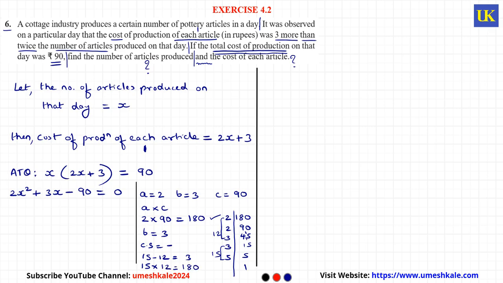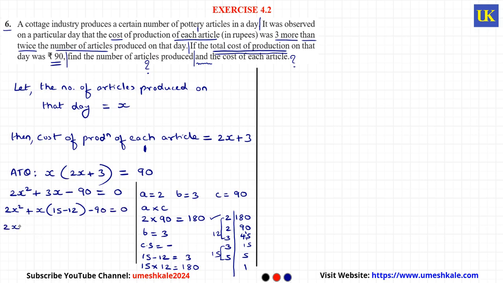So these are our two numbers. So instead of 3 I will be using 15 minus 12. So I will write 2x square plus x, and instead of 3 I will write 15 minus 12, minus 90 is equal to 0.